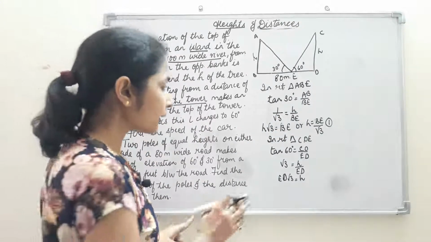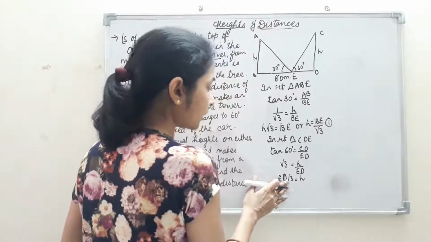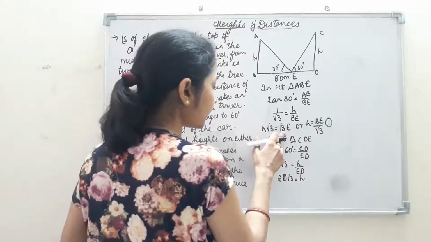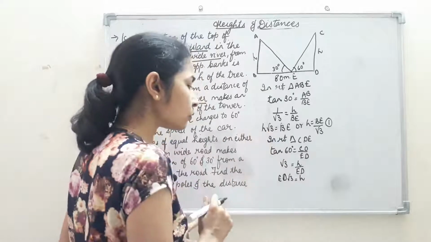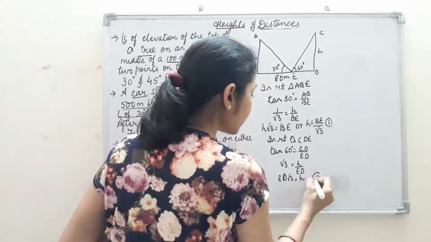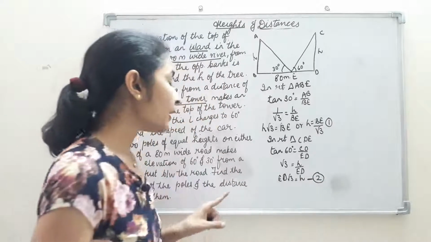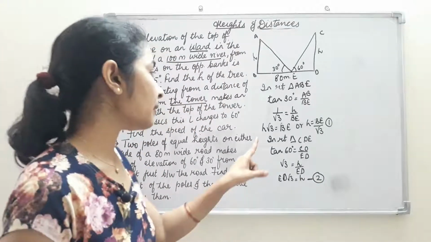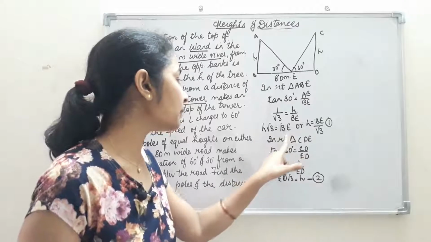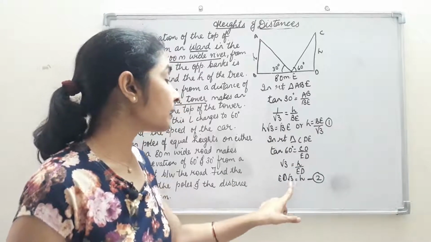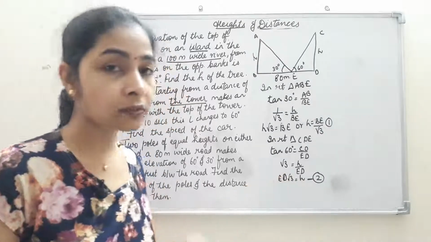ED is equal to H upon root 3, and here we have BE is equal to H root 3. We can consider this as equation number 2.